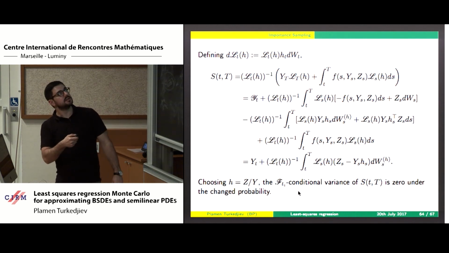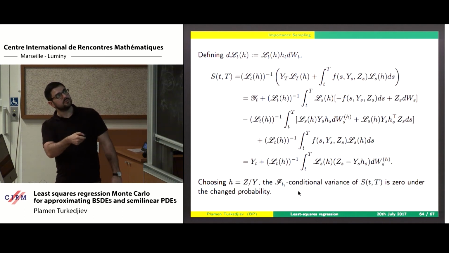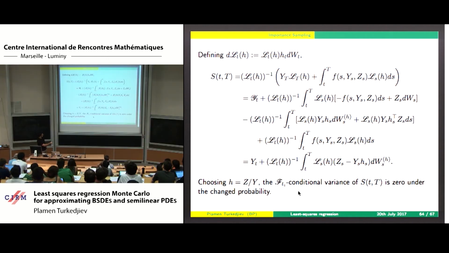So essentially what we do is we apply Ito to the term inside the conditional expectation here. We do a little bit of work and find at the end that we're just left with y at time t plus an Ito integral that depends on the difference between z and y times h, h being the change of drift.